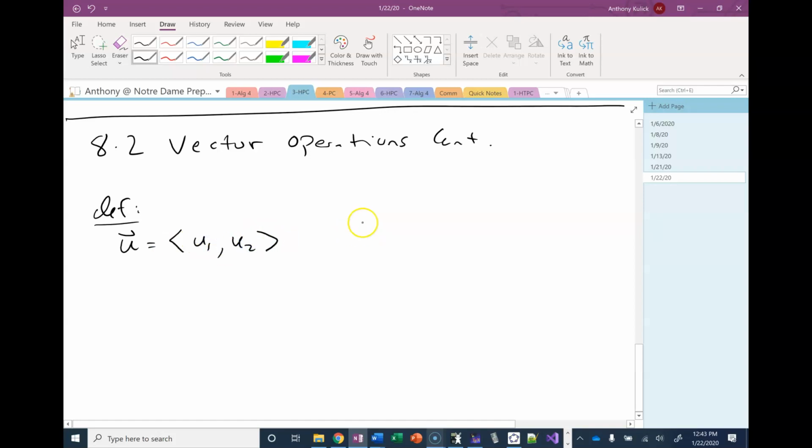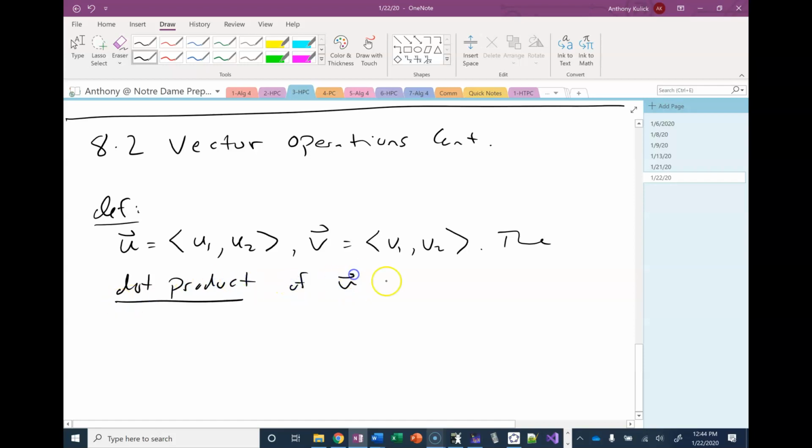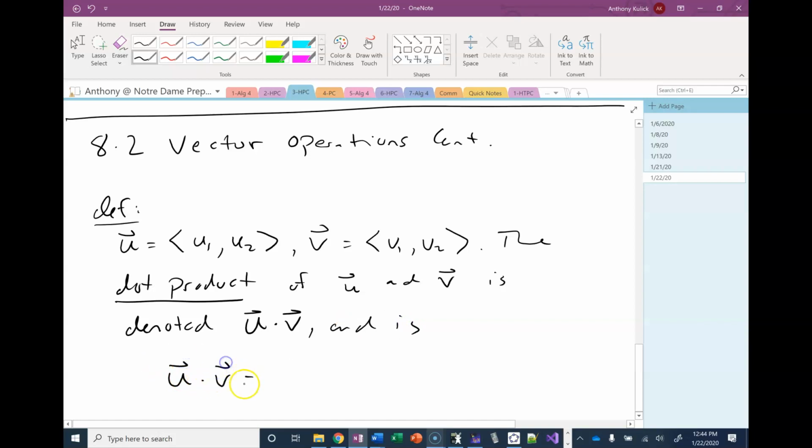So if u is the vector u1, u2, and v is the vector v1, v2, we say the dot product of u and v is denoted u dot v, and is found by saying u dot v is equal to u1 times v1 plus u2 times v2.